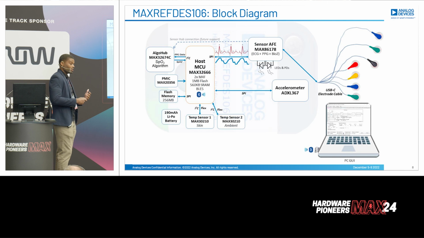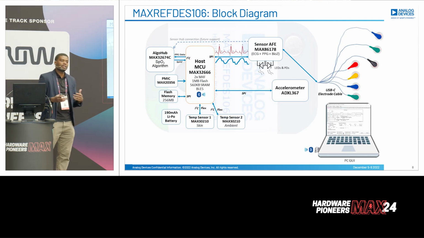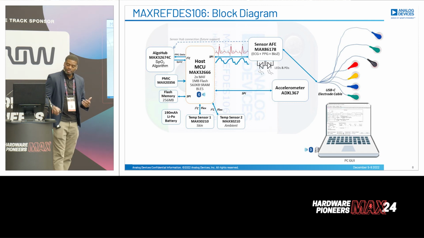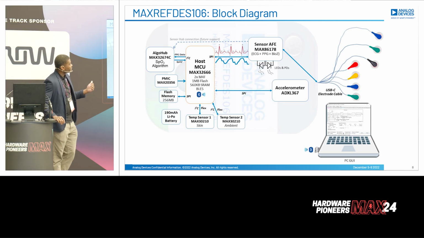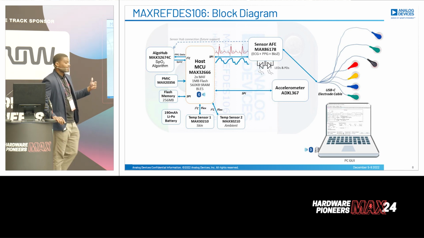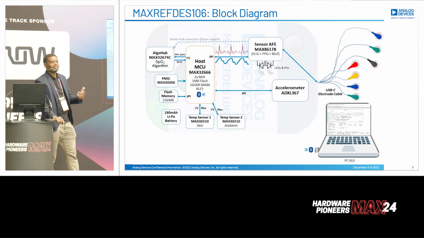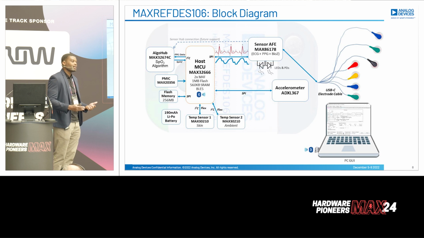And it is actually quite useful to know that this particular device, you can use it to communicate with a PC. So data is sent from the patch to the PC using Bluetooth. Now, one of the key benefits of using a solution like this is that with data capture, you want to analyze the data.